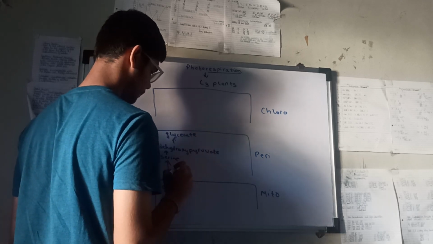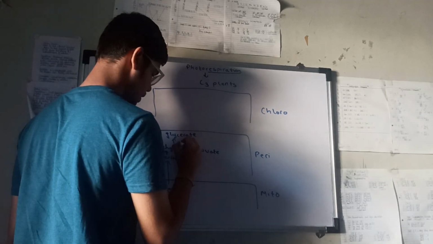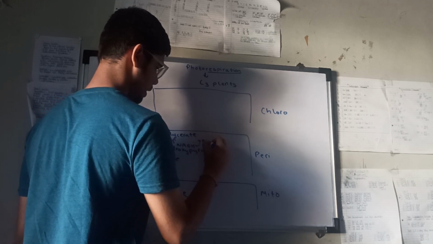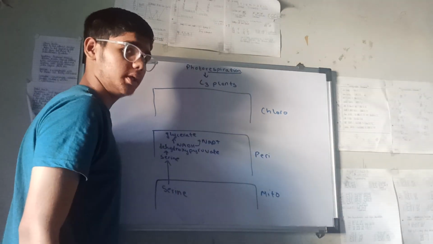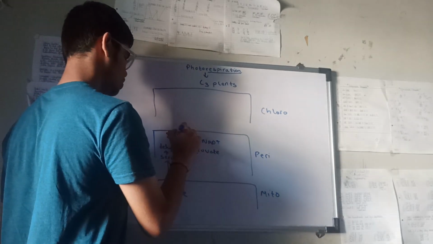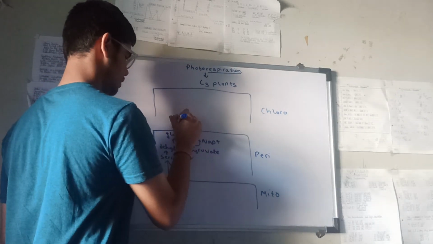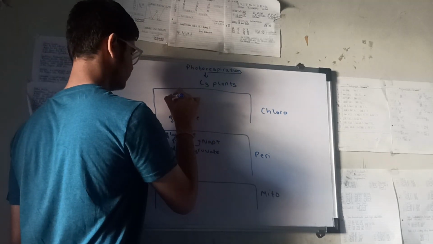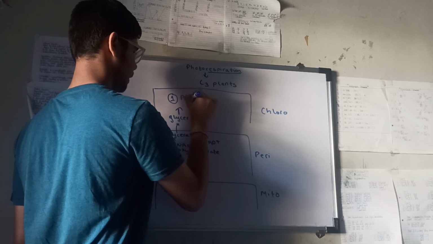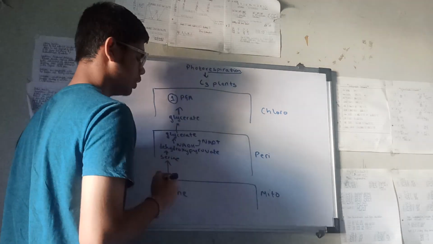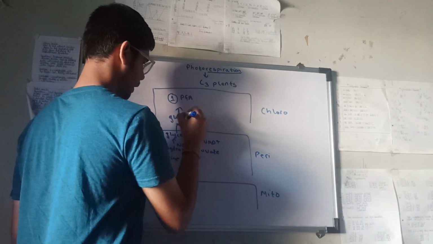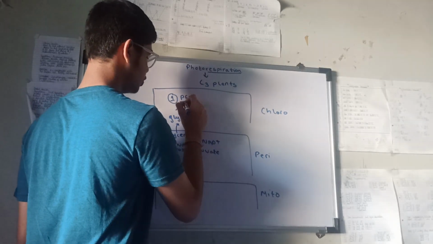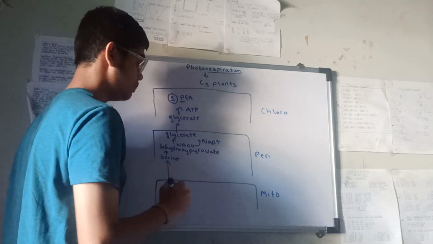Now the NADH which was formed will again get converted into NAD plus. This glycerate will jump into the chloroplast, and glycerate will be converted into 1 PGA, phosphoglycerate, so I have to break the ATP.